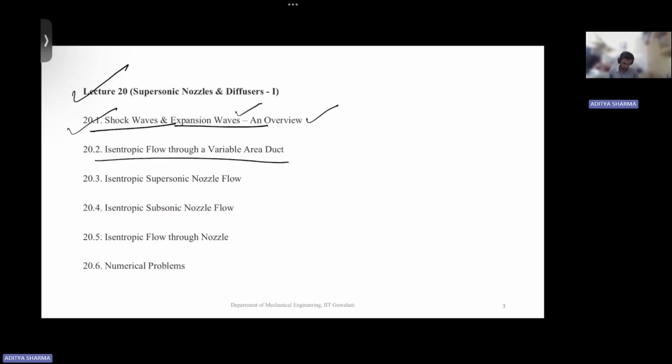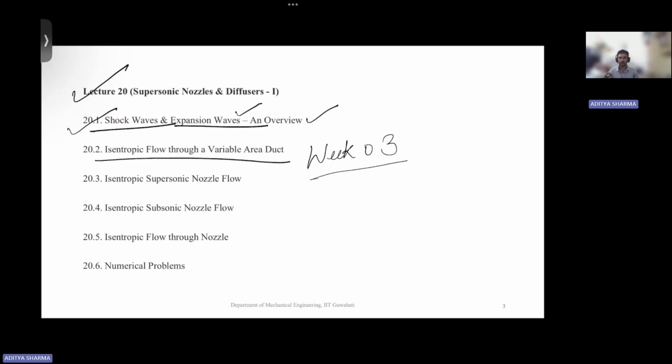From there, we move on to isentropic flow through variable area duct. If you remember in week 3, there we discussed using the area rule how the Mach number changes with area change for a flow, be the duct converging or diverging.